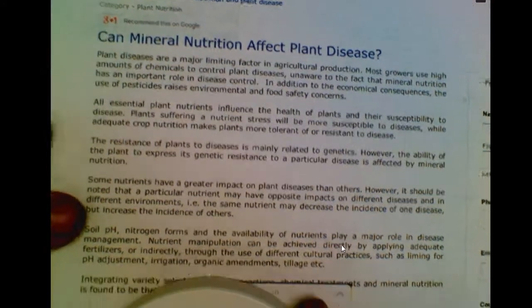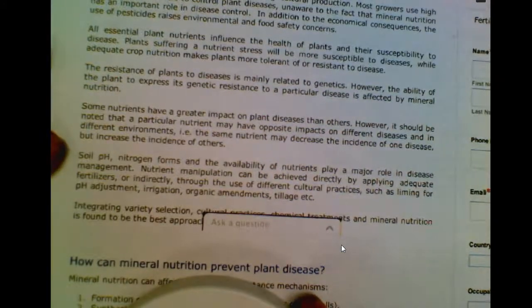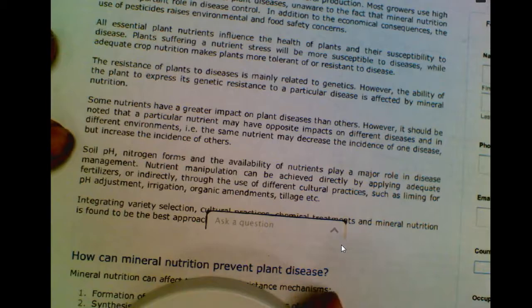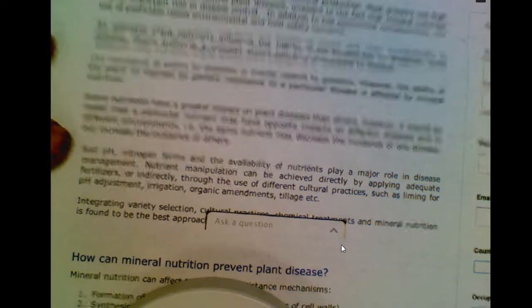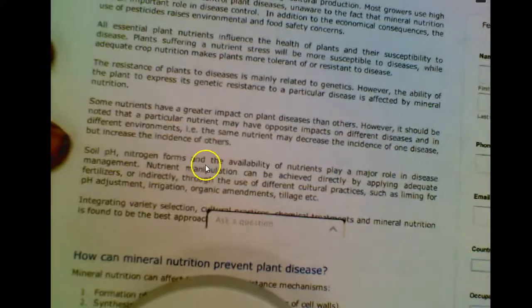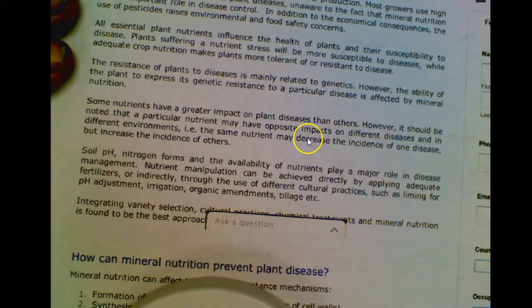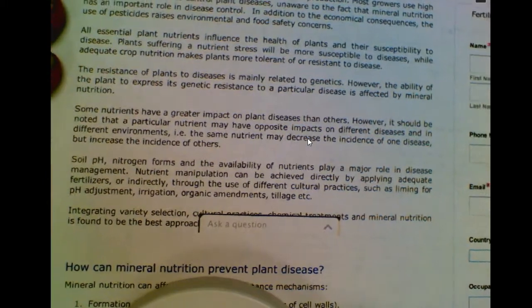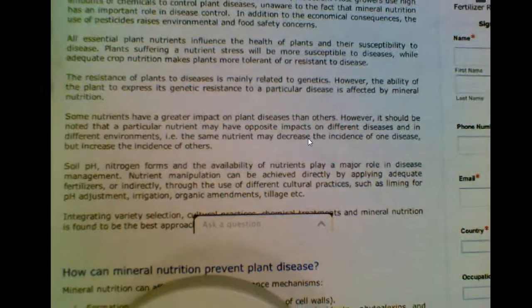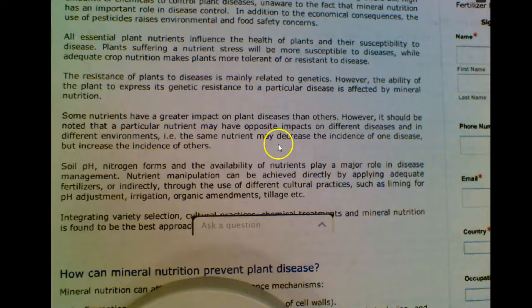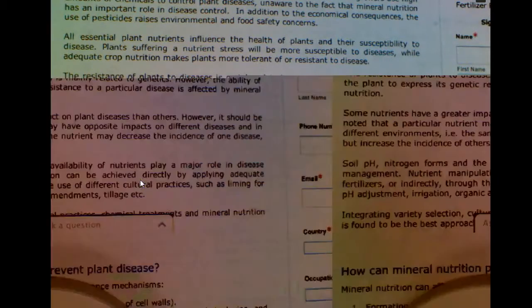Some of our nutrients have a greater impact on diseases than others, but it says here it should be noted that a particular nutrient may have opposite impacts on different diseases and in different environments. So the same nutrient could decrease the incidence of one disease but increase the incidence of another. They recommend soil pH, nitrogen forms, and the availability of nutrients play a major role in disease management.